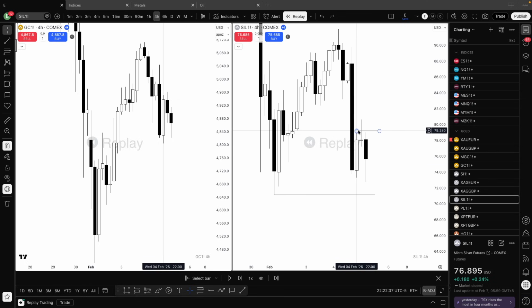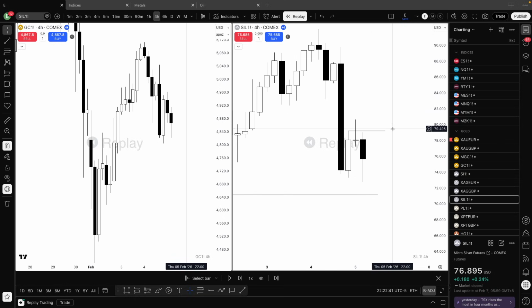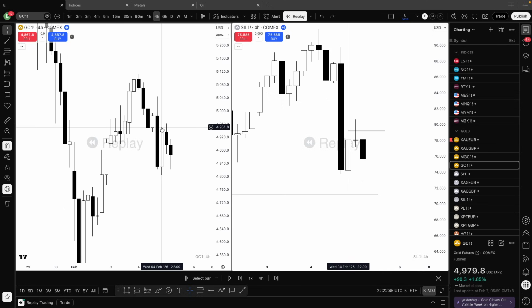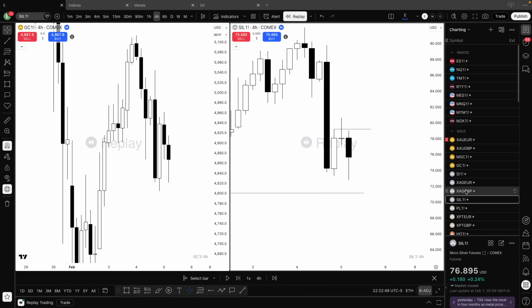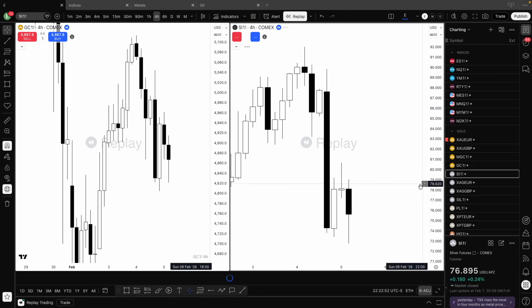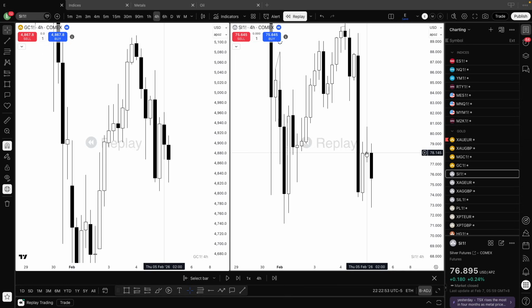So if you want to continue from this gap, you want to look for an SMT with the gap or inside the gap. And in this case, we do not get an SMT with the gap. As you can see, both assets took that high. But we do have a PSP where silver, let me check that. Yeah, silver closed bullish, gold closed bearish.